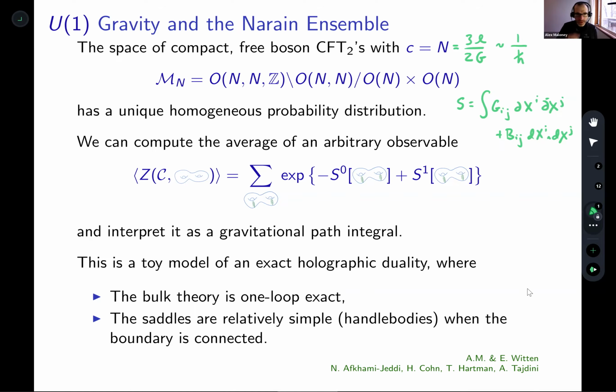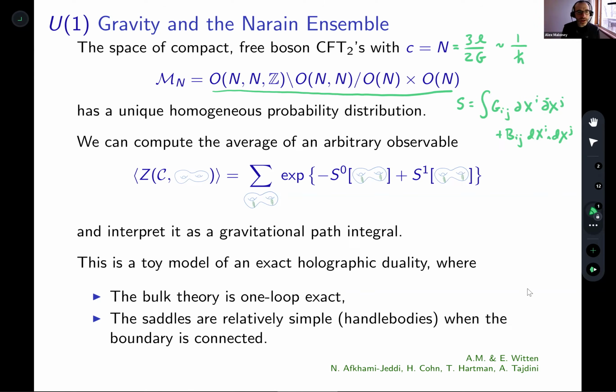Okay. So you could think of G and B as coordinates on the space of conformal field theories that I'm considering here. Now, it turns out that these coordinates are very explicit, but they don't make clear the true symmetries of the theory. So one can also characterize the coordinates on the space of conformal field theories a little bit differently in terms of a group coset. In particular, it turns out that the G and B field are coordinates on O(n,n), the orthogonal group of signature n,n, divided by O(n) times O(n).